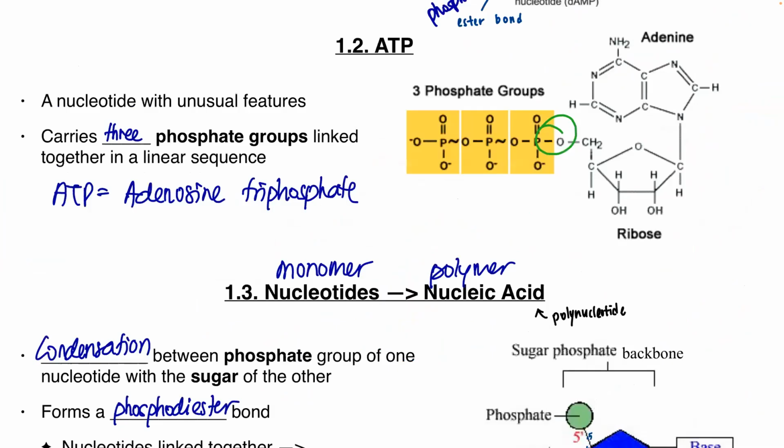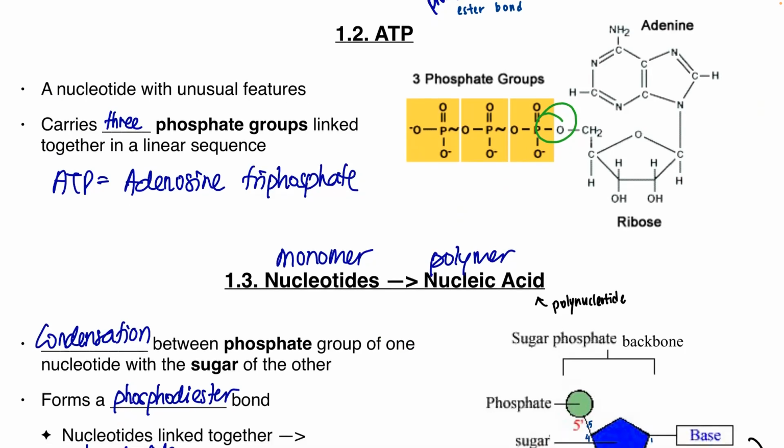ATP is an atypical nucleotide. Not all nucleotides are involved in the formation of your genetic material. ATP is a special kind of nucleotide, which is used as an energy store. We normally refer to ATP as an energy currency, so basically everyone can use it as a source of energy.